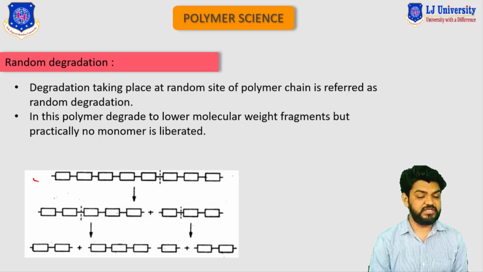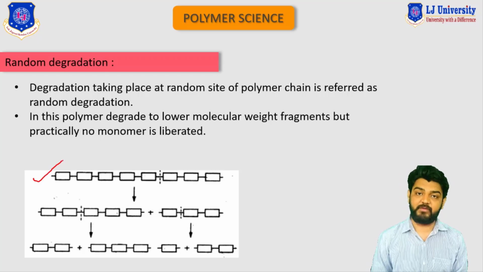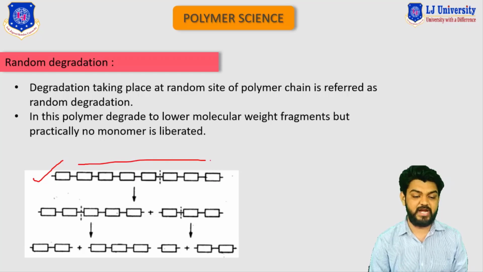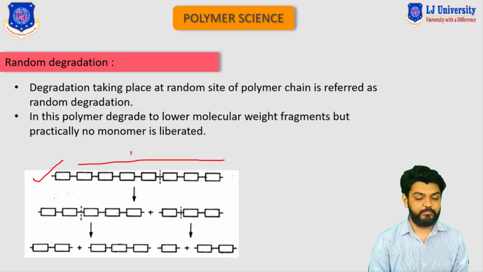Now this is your long chain of the polymer in which we are going to see the random degradation. This random degradation can take place anywhere along this long chain, right? So for example, let's just take that this polymer is now degraded from this point. Here you can see that this polymer is now degraded from this particular point, right?